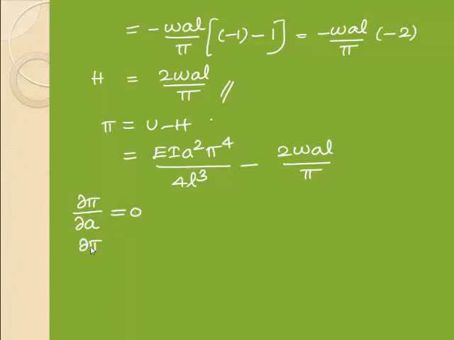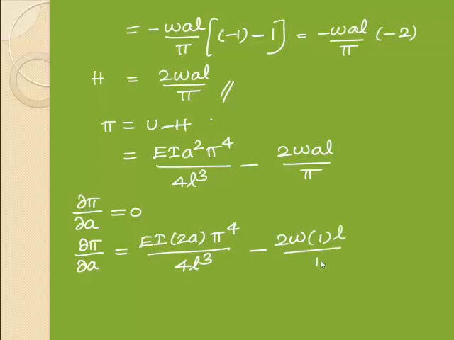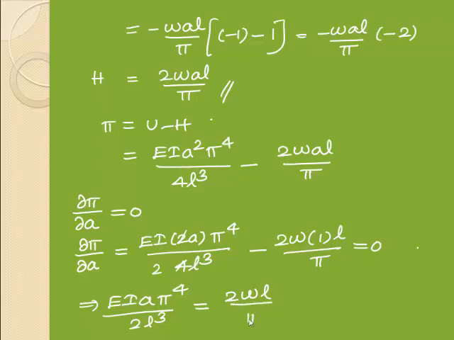So here the dou pi by dou a will be EI, differentiation for a square. When we are differentiating the expression with a, 2a into pi power 4 divided by 4 L cube, minus here also for differentiation for a is 1, L by pi is equal to 0. So EI a pi power 4 divided by 2 L cube is equal to 2 W L by pi.